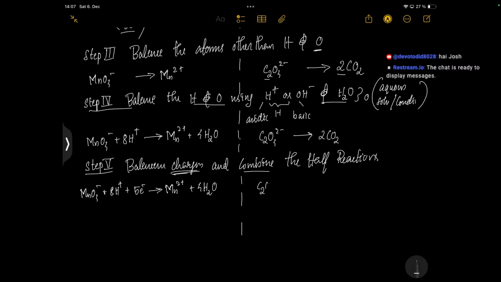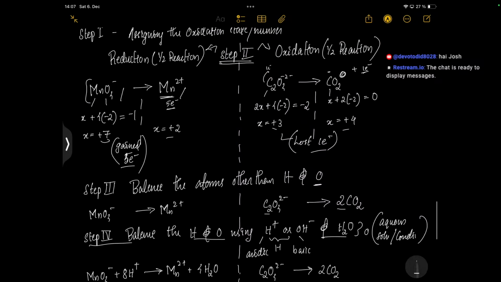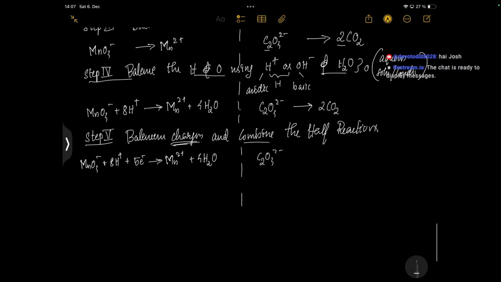So C2O4 2 minus, this lost 1 electron. That's for a single carbon. We got 2 carbons left and right, therefore 1 electron for each carbon. That means 2 electrons, which is going to look like 2CO2 plus 2e minus.